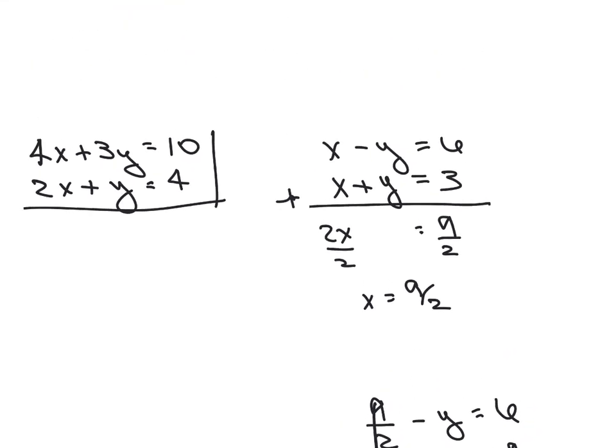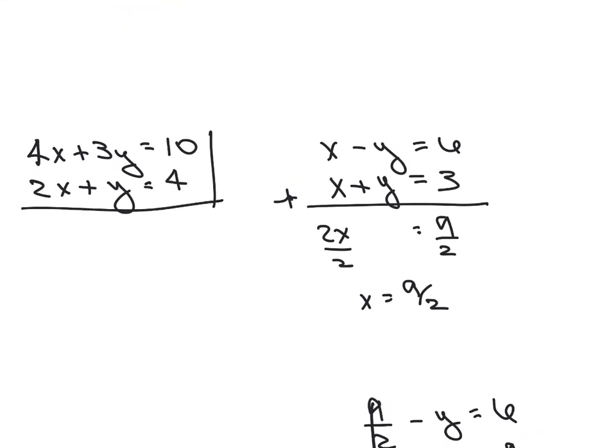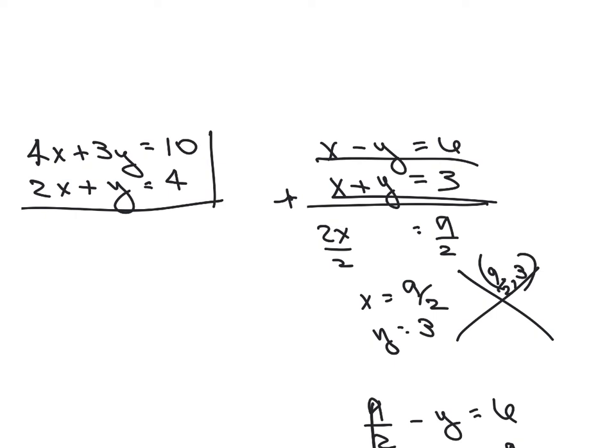If I made it up, y is 3. That means where these two lines cross, the line for this and the line for this, is at 9/2, 3. That point right there is 9/2, 3. So that's what we're doing.